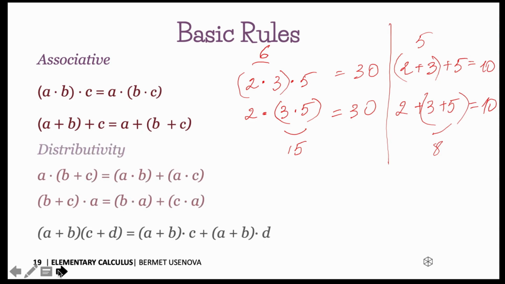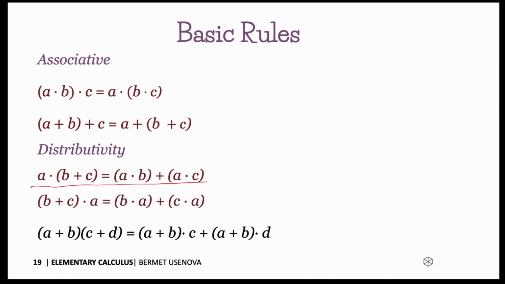Next rule is distributivity. Distributivity means that, for example, if we take 3 multiplied by 5 plus 2, we can distribute it and rewrite it as 3 multiplied by 5 plus 3 multiplied by 2. These both are the same. Why?